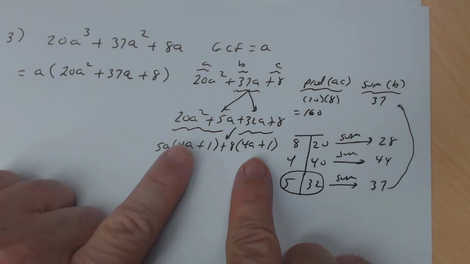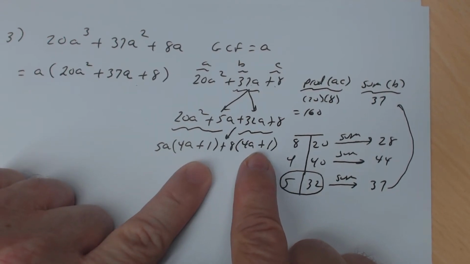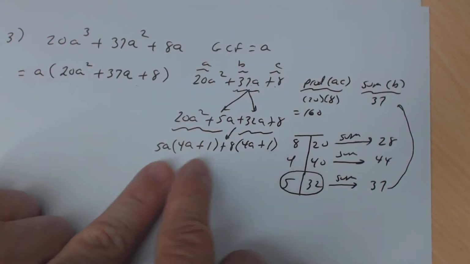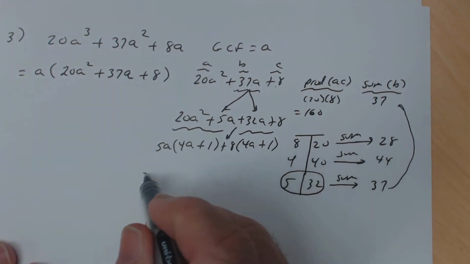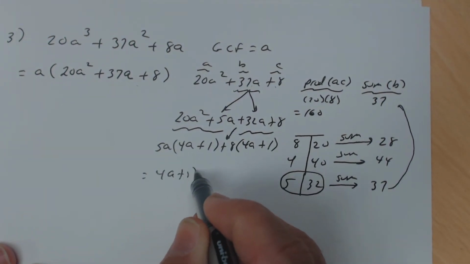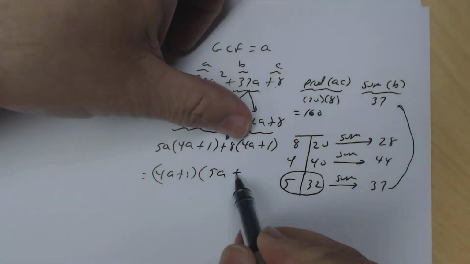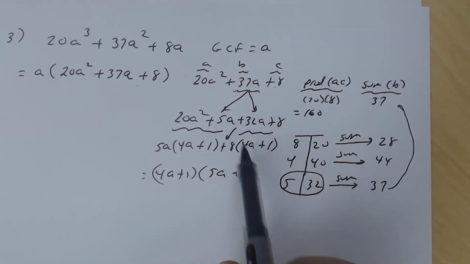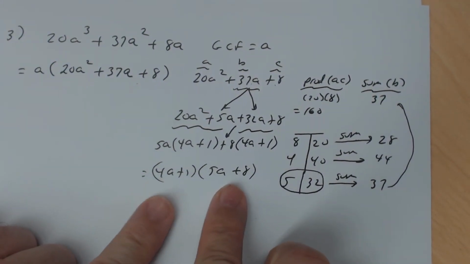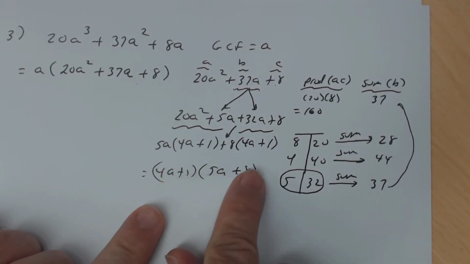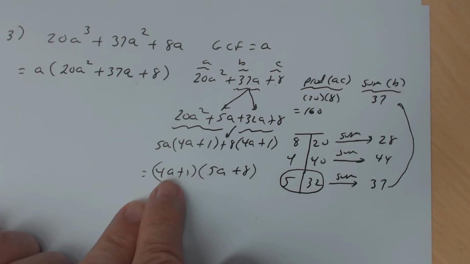And as you always check yourself, you want these two to be the same. So I'm going to factor out this 4a plus 1, and I get 4a plus 1, in parentheses, times 5a plus 8. So I ended up with the product of these two binomials. Now remember, that's not the answer to the original problem.